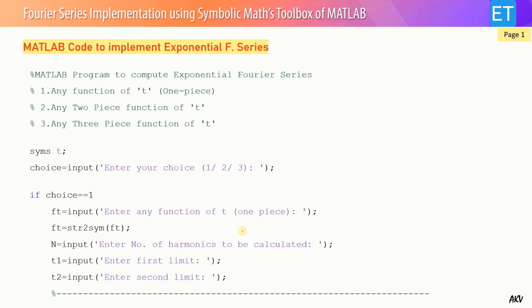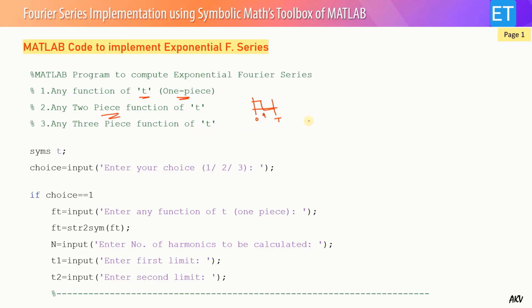So here you can see it can cover any function of t, that is a one-piece function, and it can also accept any two-piece function. Two-piece functions means like this, okay. So this is broken into two parts for one time period, 0 to t and t2 plus t like that.